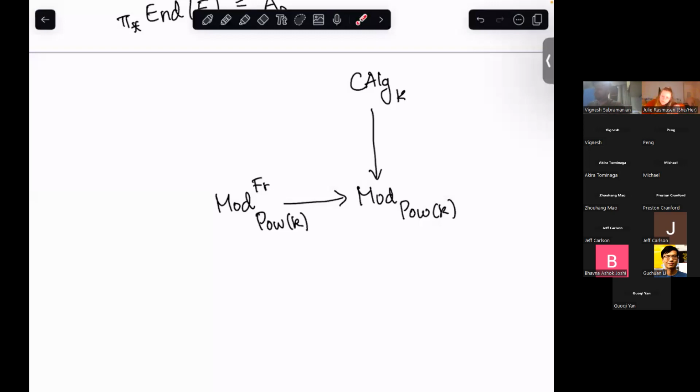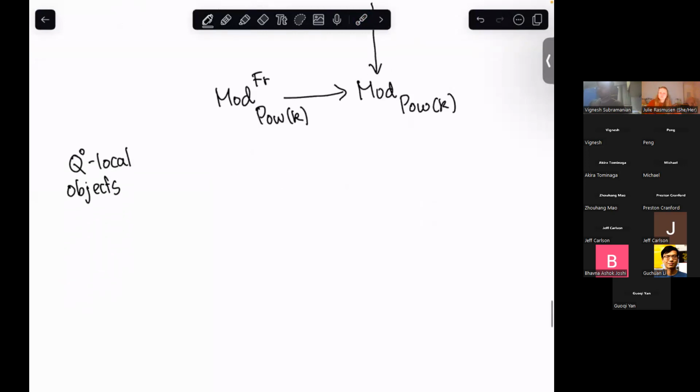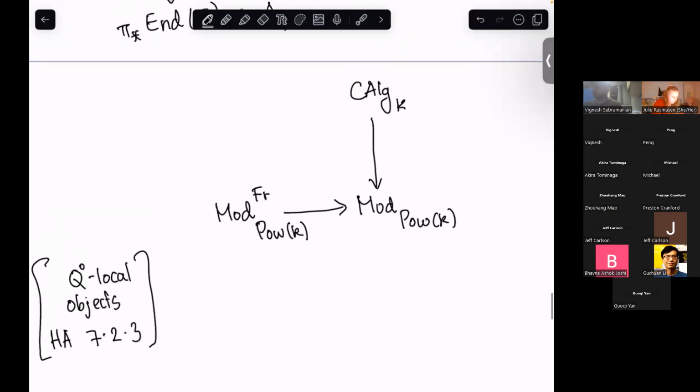This lets you talk about what are called Q0-local objects, so objects which are local with respect to the multiplicative set spanned by Q0. For more details, you can refer to Higher Algebra 7.2.3. There is a section on localization and Ore conditions. But for now, just think of this as modules on which Q0 acts by isomorphism.